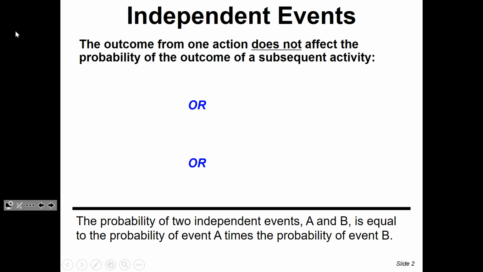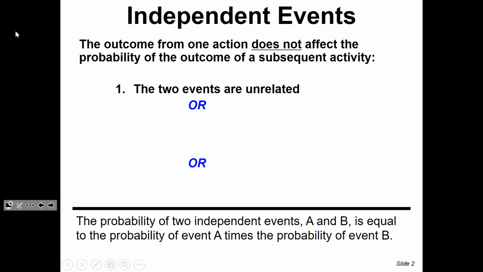So, what that means is whatever happens in the first activity, whether that's drawing something from a bag or rolling a dice, whatever you do the first time won't affect what you're doing the second time if it's an independent event. Okay? So, there's also a place for you to list the 3 signs that could let you know that you are looking at an independent event.